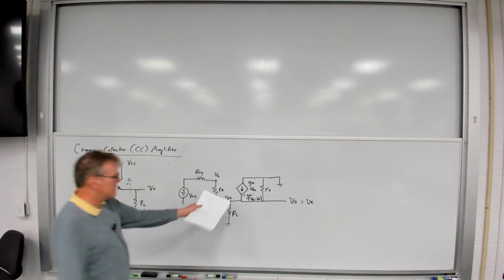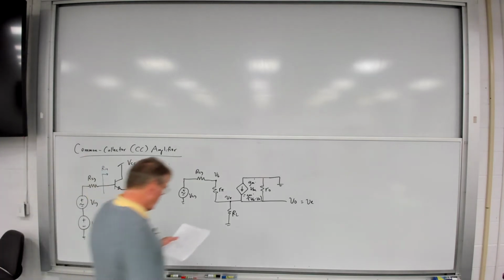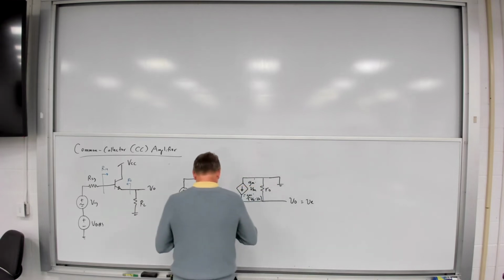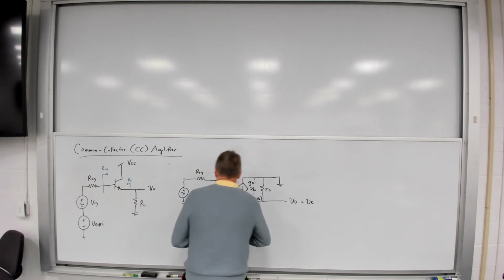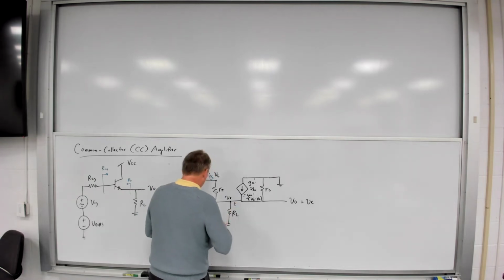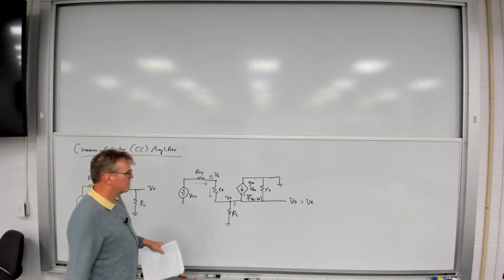So once again, I'm decomposing that voltage. And so in this case, again, just doing what we've done before. Here's our base node. Here's our emitter node. Now I can go through and write some equations.